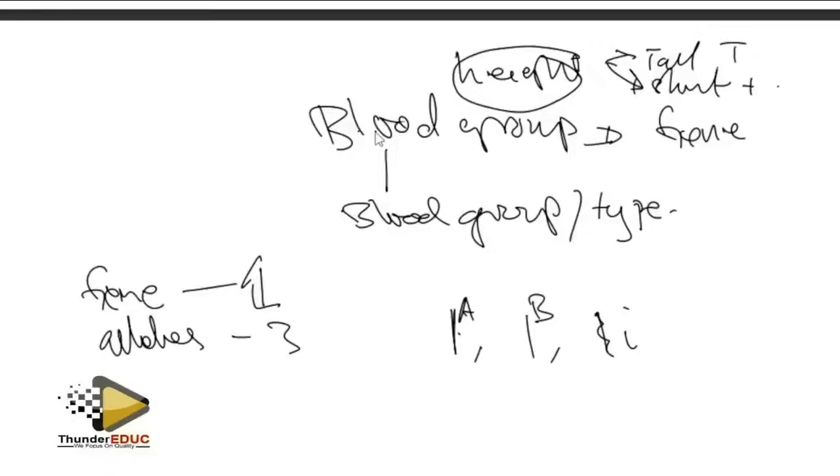Since we are looking for the distinction, we can't go without knowing this. One gene, how many alleles? 3 alleles. How many genotypes? There are 6. Remember, A is either homozygous or heterozygous, that's 2.